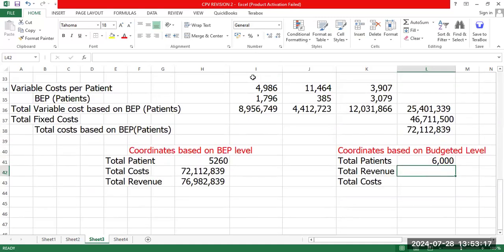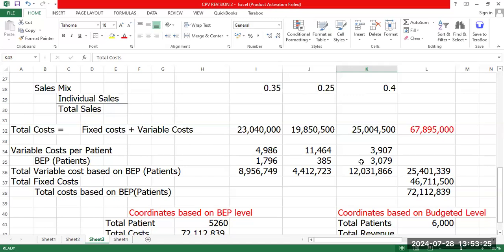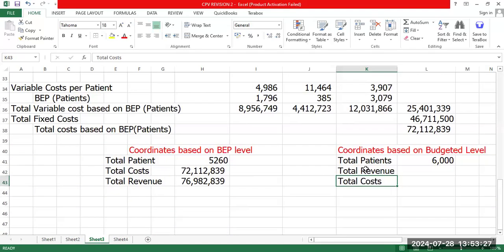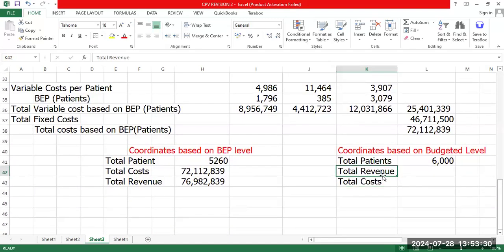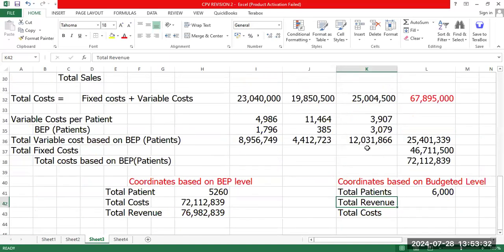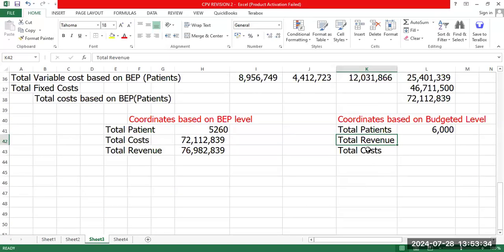Use the one in the additional information to get this and this. Because you see what you have, like here, total revenue. Remember, to get total revenue, it is unit selling price times the units.